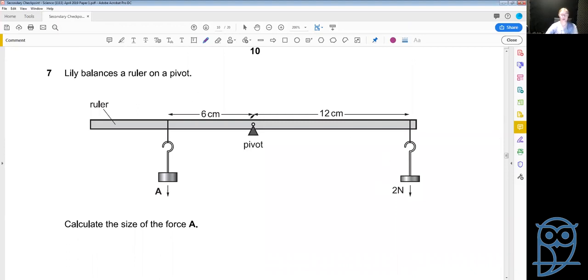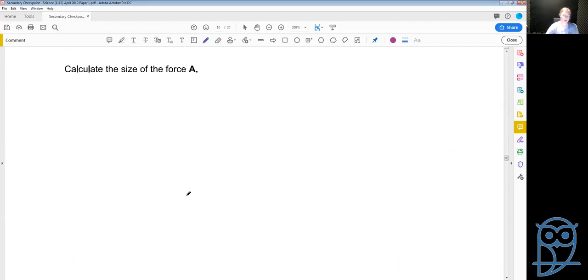I'm going to do question 7 and then we'll be done for today. So Lily balances a ruler on a pivot and we need to calculate the size of this force over here. So this has to do with mechanical advantage.